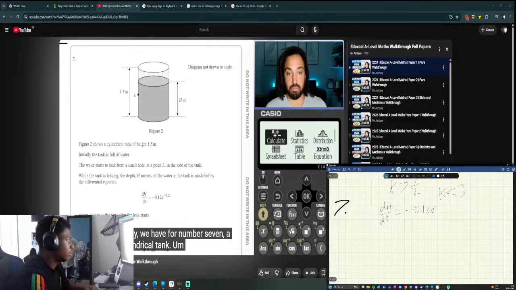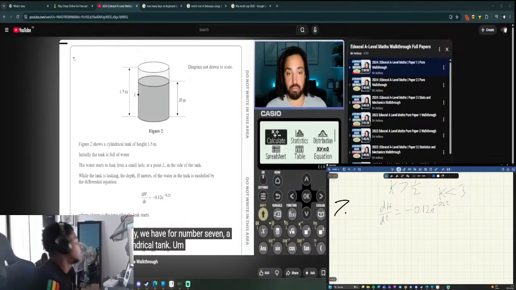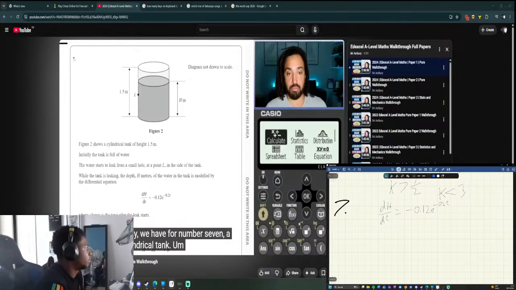Okay. Alright. So, let's actually read the question. 1.5 meters. Initially, it's full of water.